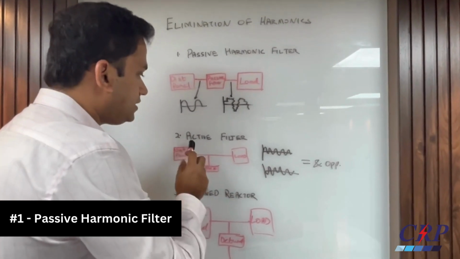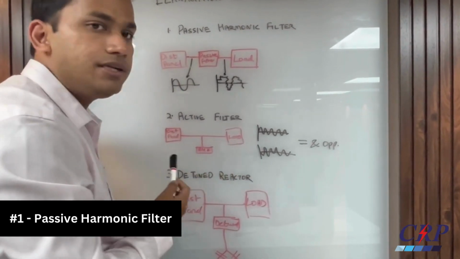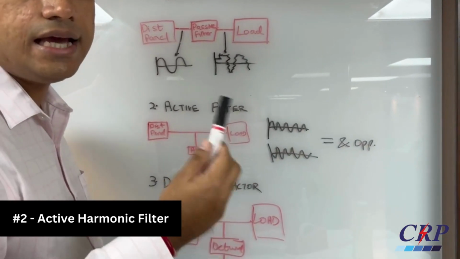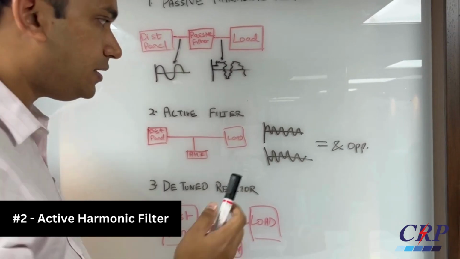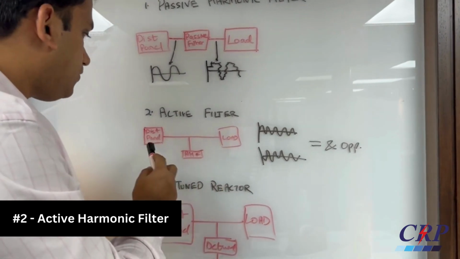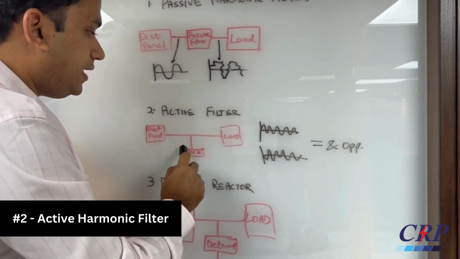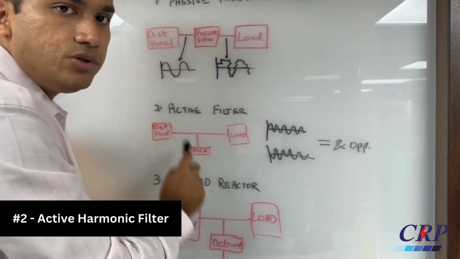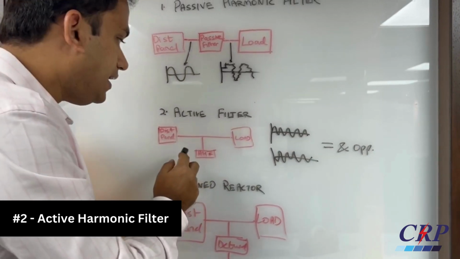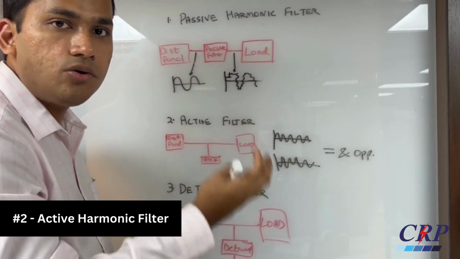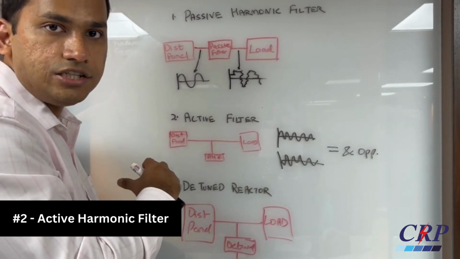The next option to eliminate the harmonics is an active filter, which is also termed AHF, or active harmonic filter. What does this AHF do? I have a distribution panel and I have a load, and the AHF is connected in parallel to the distribution panel. It continuously senses what kind of harmonics the loads are creating and entering into the distribution panel.